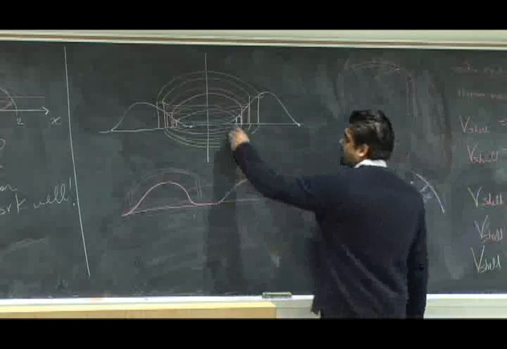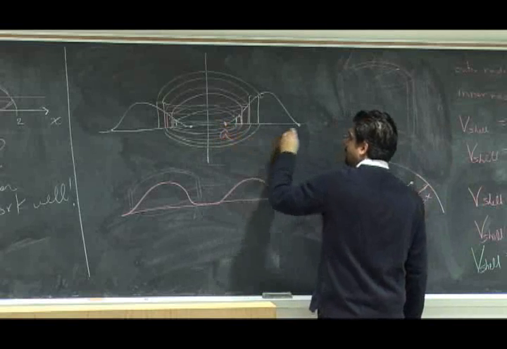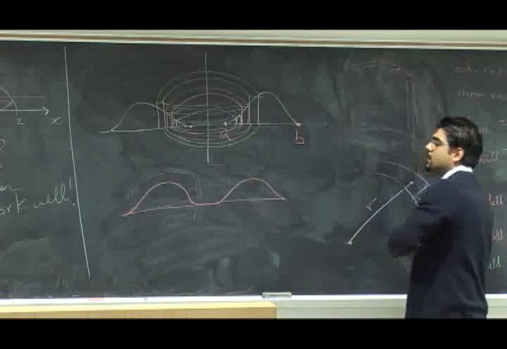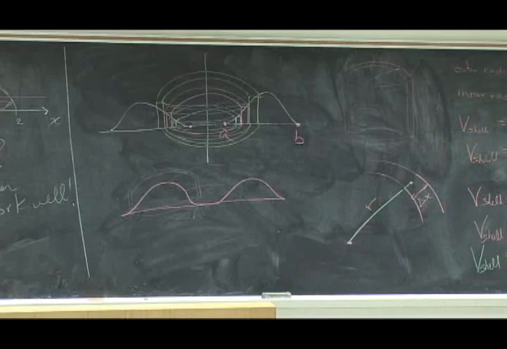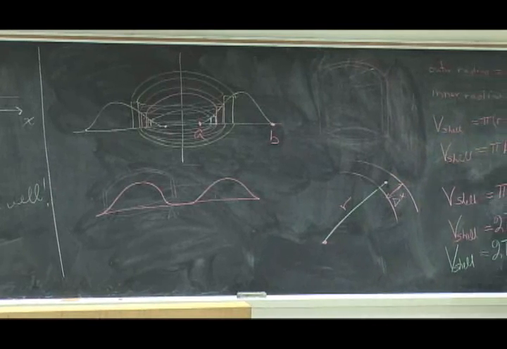Okay, so supposing this point is a and this point is b. If I want to do all the rectangles that generate all the shells, I'd have to add these up.